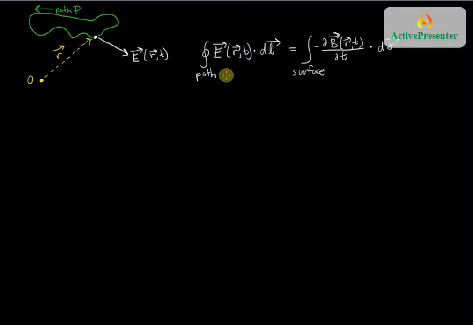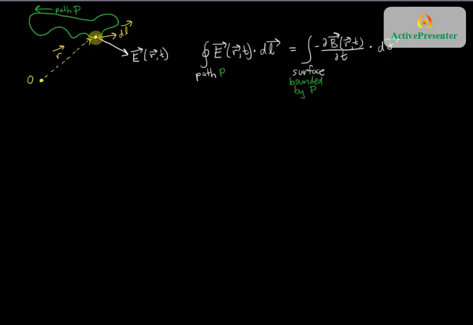So I'm going to call that path P, and that's a surface bounded by P. If path P lies in a plane, you could take the surface to be the area in that plane, but you could also blow a soap bubble out and make it a three-dimensional curved surface. And we can now define along this path at that location what that differential path length element is. That's just some little amount dl right there.